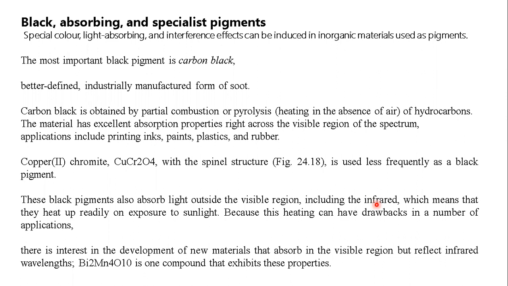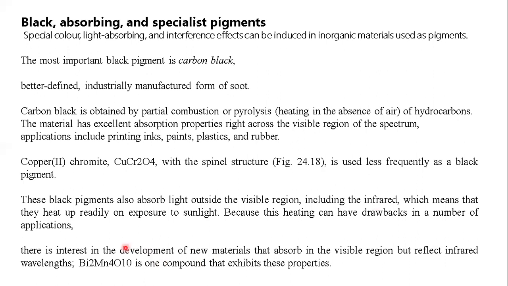So that is the problem, because it shows black color but also heats up that material. Okay, that is your drawback, because if you are preparing some material, it is not always desirable that the compound gets heated up, whatever product you are using. You don't want that to heat up. So that is one drawback.